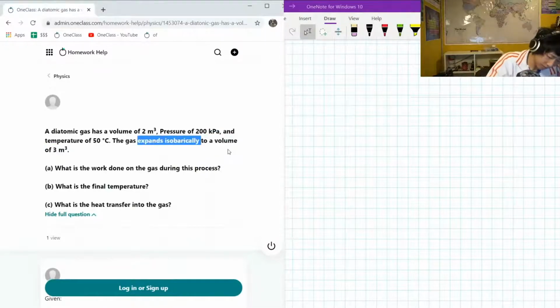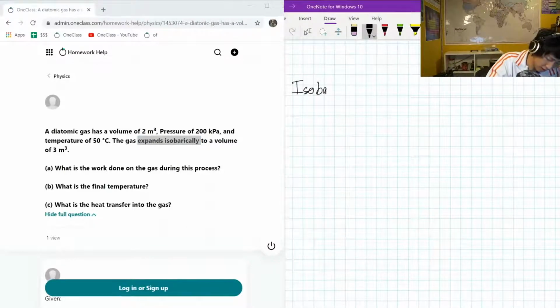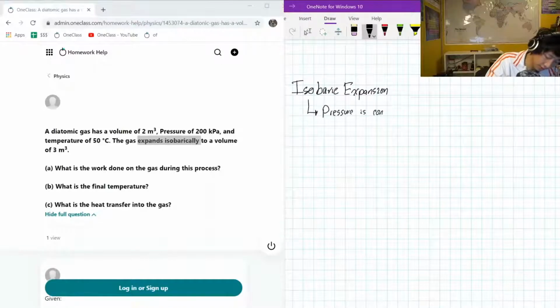Okay, so isobaric expansion, what's going on here is that the pressure is constant as the volume increases.